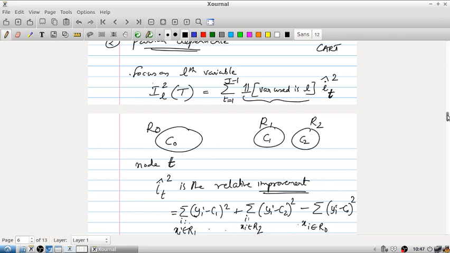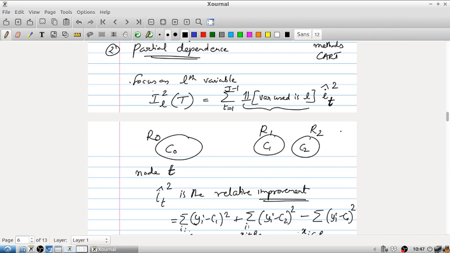So once you can compute this for a fixed variable, figure out at which nodes it was used as a split variable, compute these improvements and add them up. That's your importance for this variable L. And you can compute this for every variable, L equal to 1 to p.